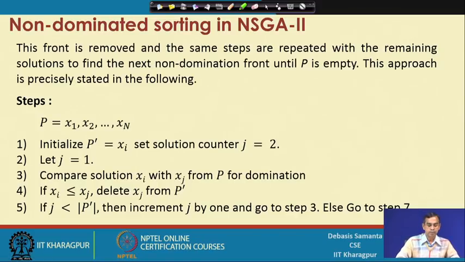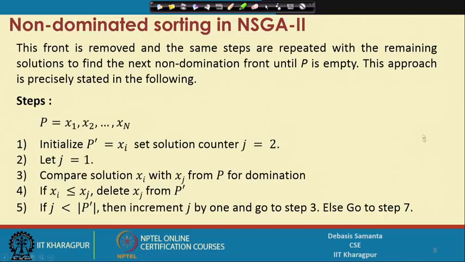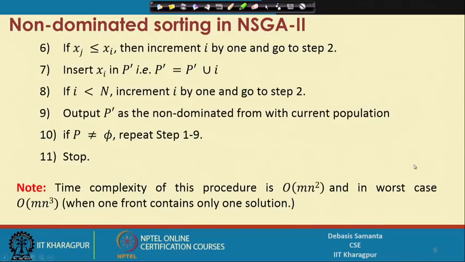Now, the idea is like this. These are the steps that we can follow, and more precise steps are there in the calculation of the non-dominated front. We can observe from a detailed calculation that the complexity of this procedure is order of mn square, and in the worst case it is order of mn cube.